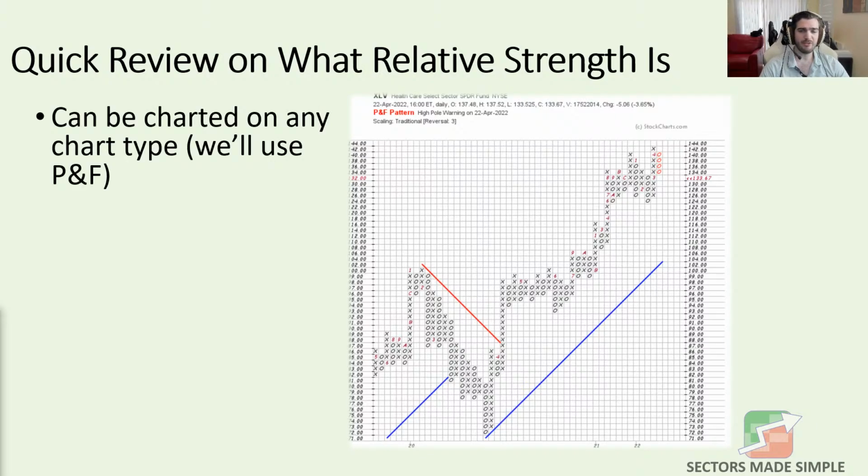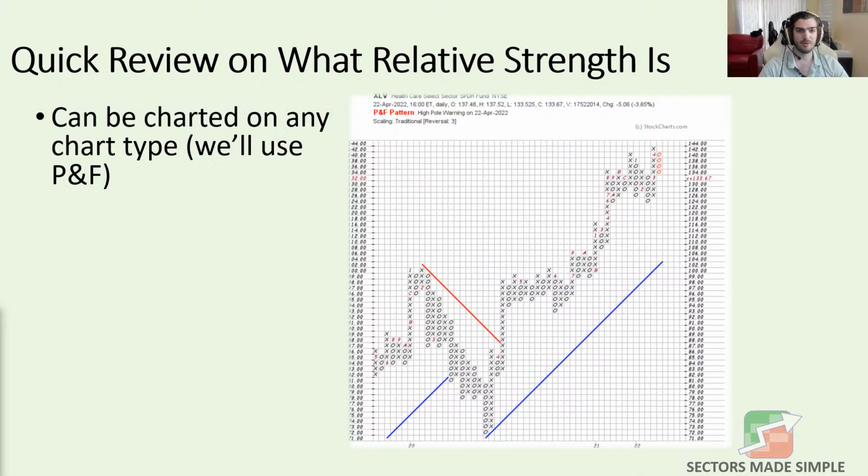Relative strength can be done with any type of stock chart, but because we talk a lot about point and figure in all of our webinars, and also point and figure is very useful for 2 reasons I'll mention in a minute, we're going to stick to using point and figure for all of these examples.